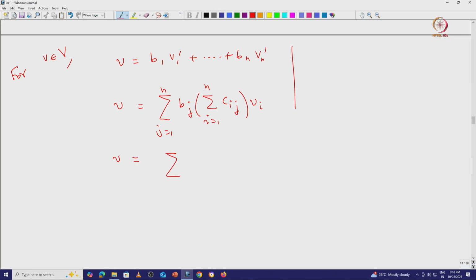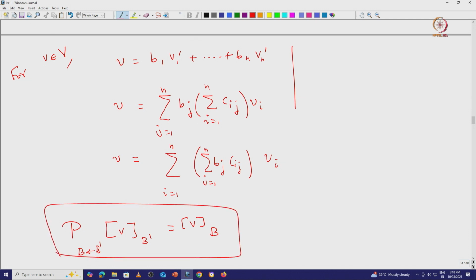So the change of basis matrix from B dash to B, times the coordinates of V with respect to B dash, is exactly equal to the coordinates of V with respect to B. That is what is recorded in this equation.